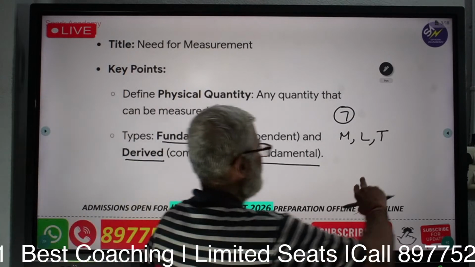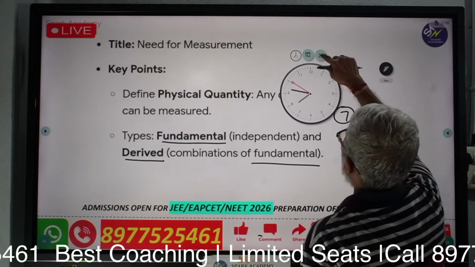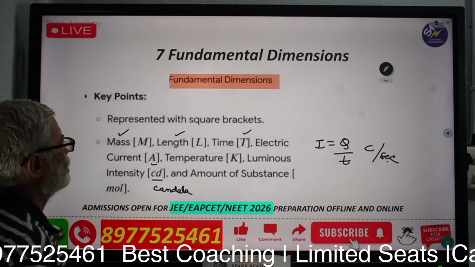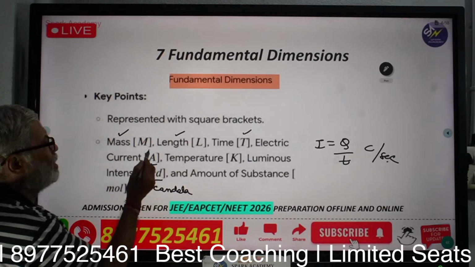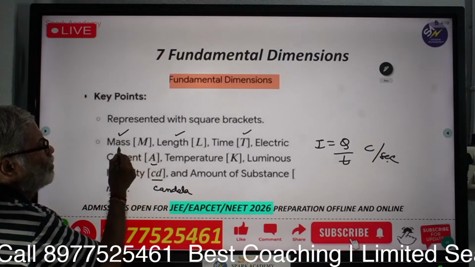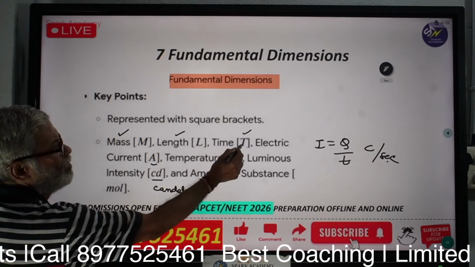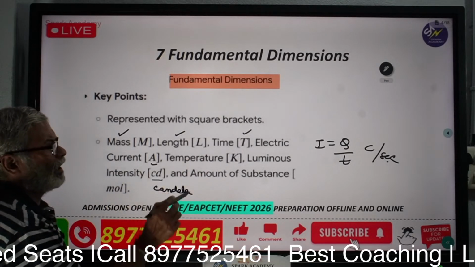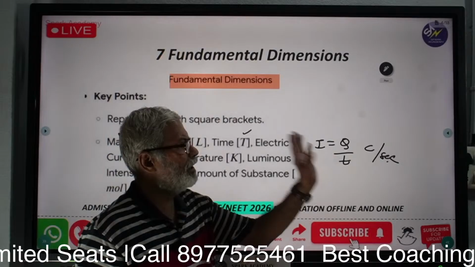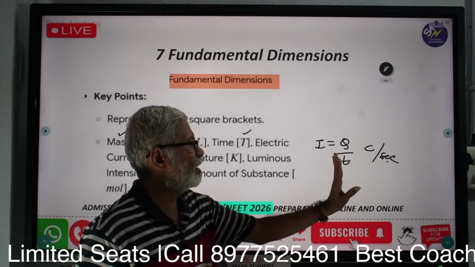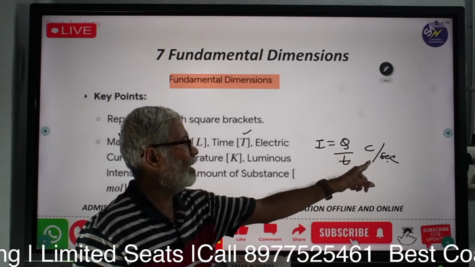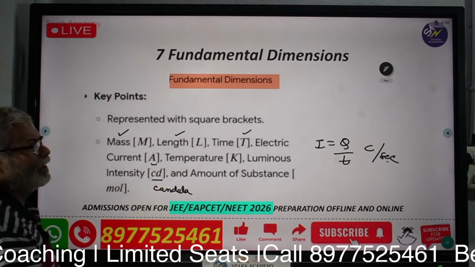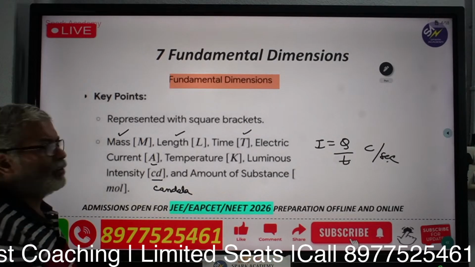So first let me tell you all the 7 fundamental dimensions. Of course I told you, mass is M, length is L, time is T. Then you have electric current. Wherever electric current I is there, you know I is equal to Q by T. The unit will be Coulomb per second. You can measure it as ampere also, so instead of Coulomb per second, you can write ampere.